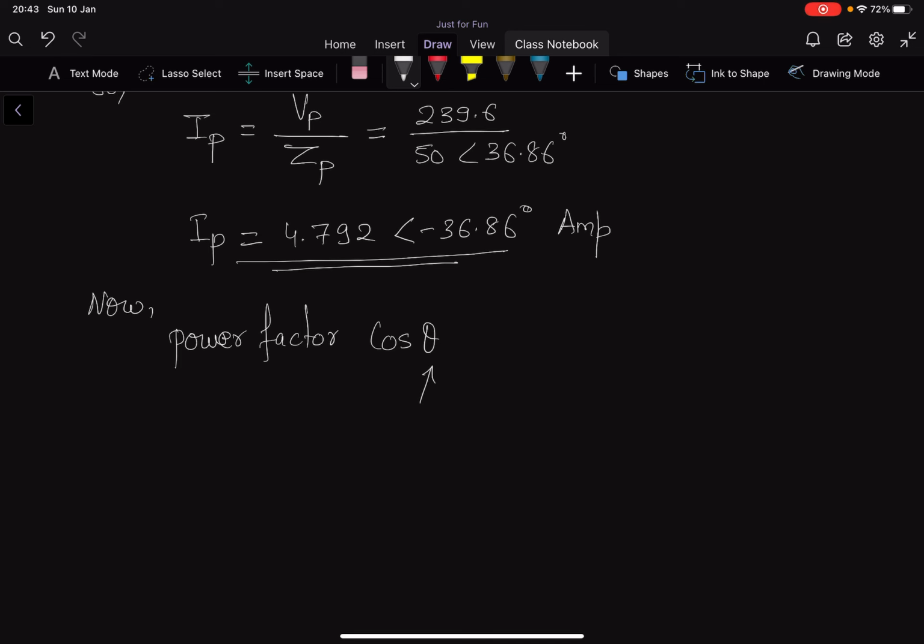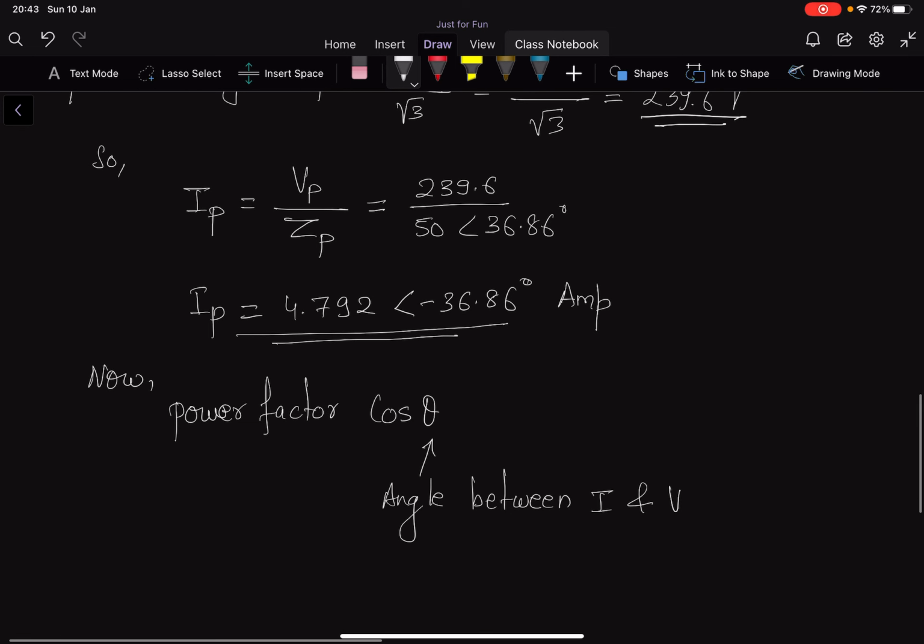The theta is the angle between the phase current and voltage. So that is the angle between current and voltage. And since we have no other angle right now, the angle is this value, and that's the angle which you're looking at.